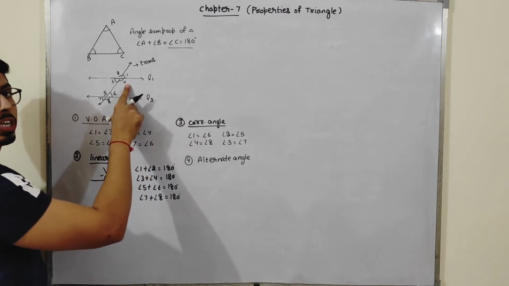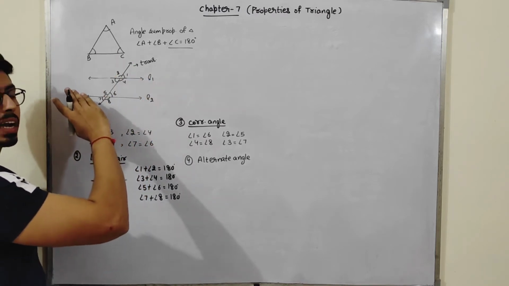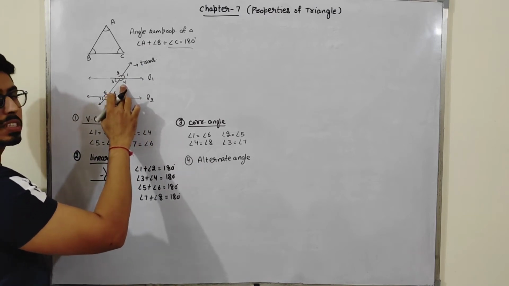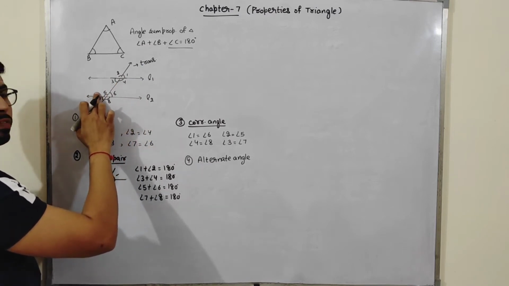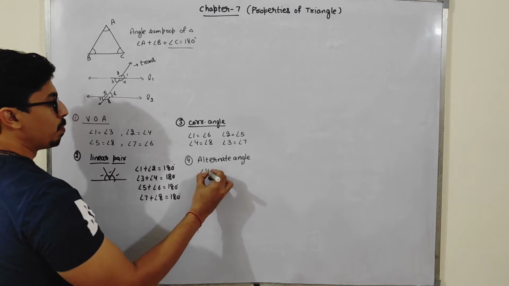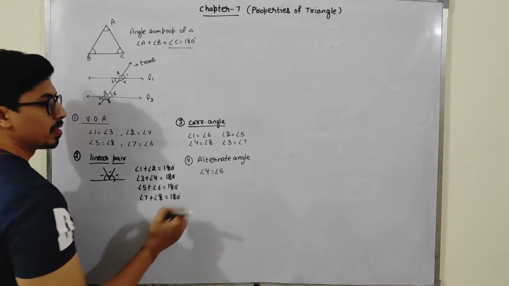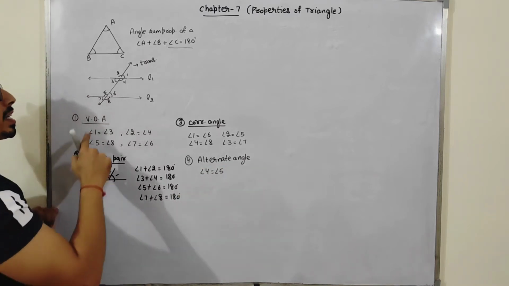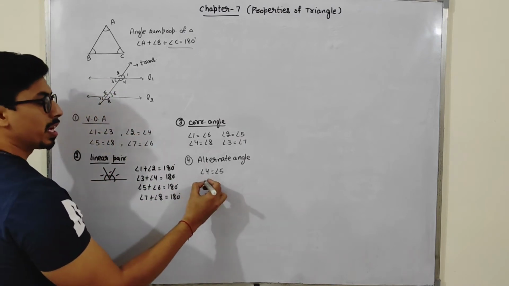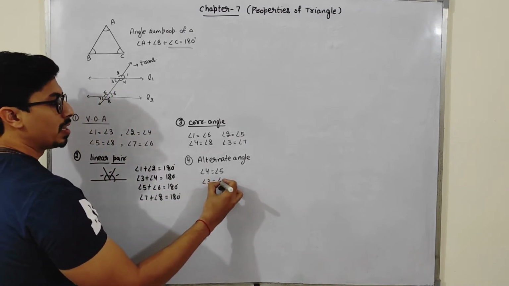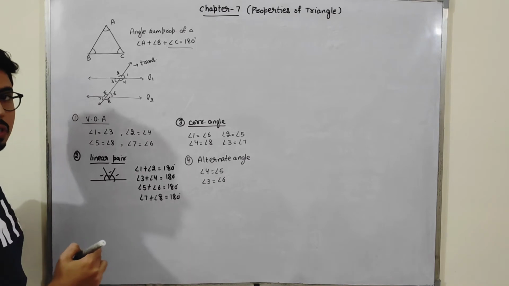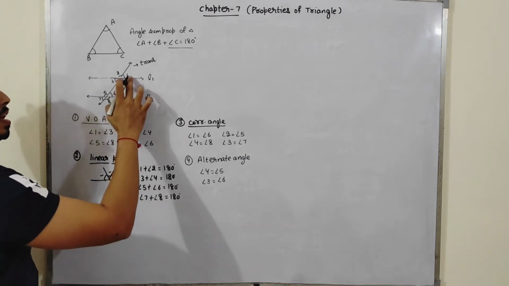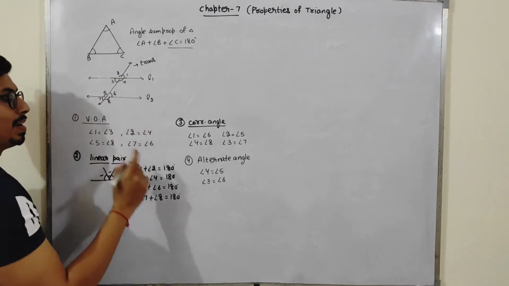Now the angle opposite to this with the second line is angle 5. So angle 4 is equal to angle 5. This is the first one. The second one is 3 and 6 because they are opposite to each other. So angle 3 and angle 6 are opposite. Similarly, if I take 1, here I will take 7.